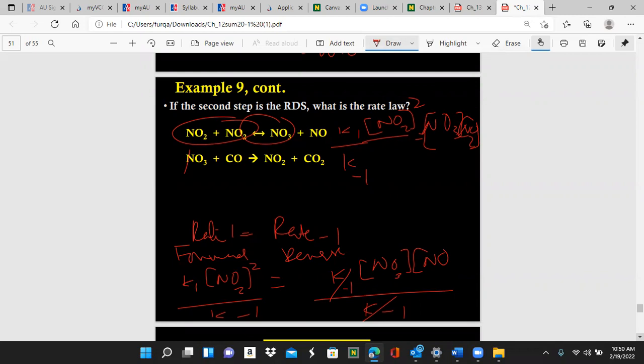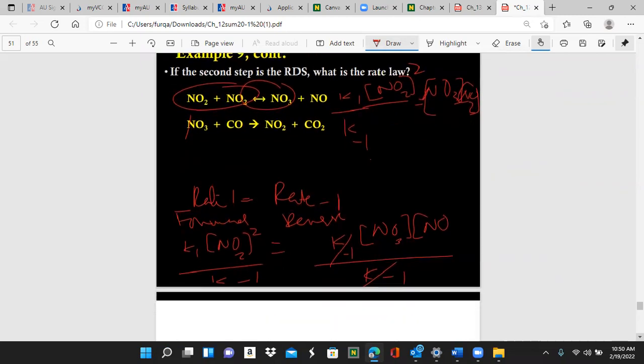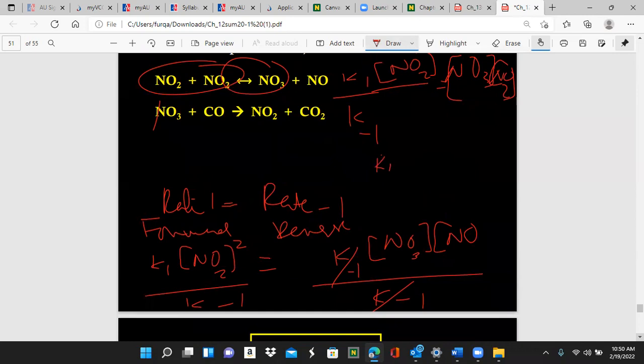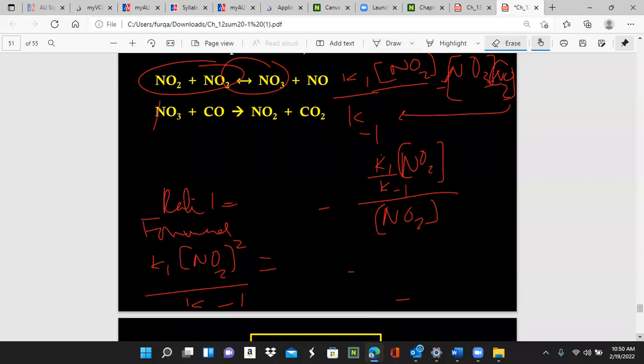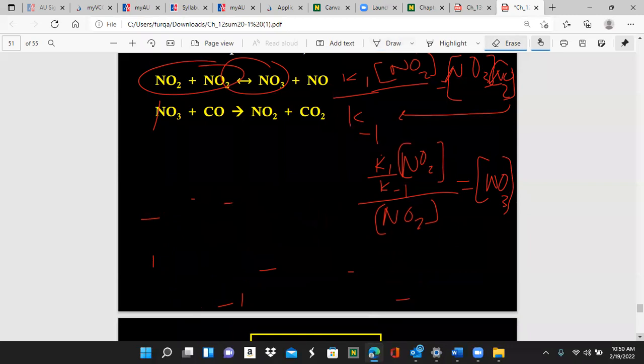So that's going to be K1 over K minus 1 and NO2 squared over NO. So we got the value of NO3 that doesn't have any intermediate in it, and then we just need to substitute that in the rate law.